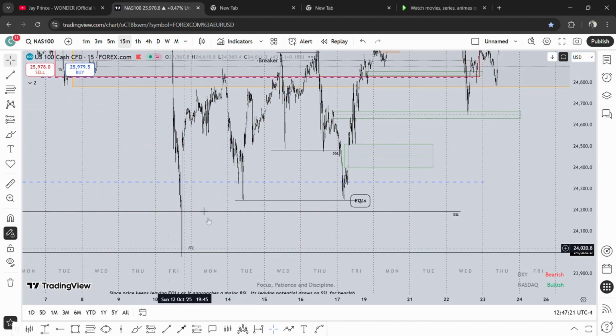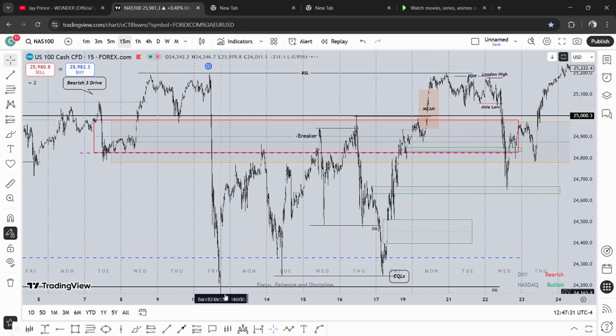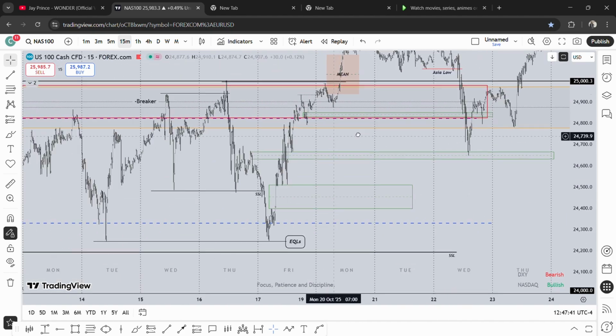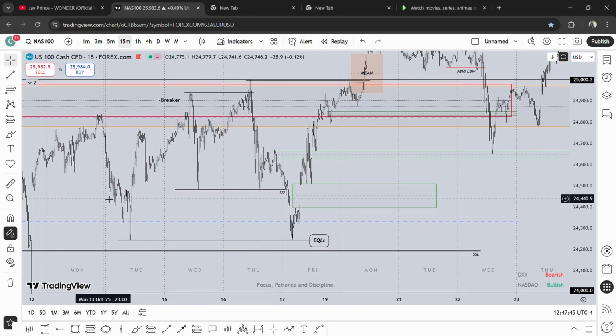Remember, price had taken out this level of sell side liquidity right there. Once we purged sell side liquidity, we're expecting price to make an expansion higher away from our sell side liquidity all the way to buy side liquidity, which is exactly what happened over here, right?